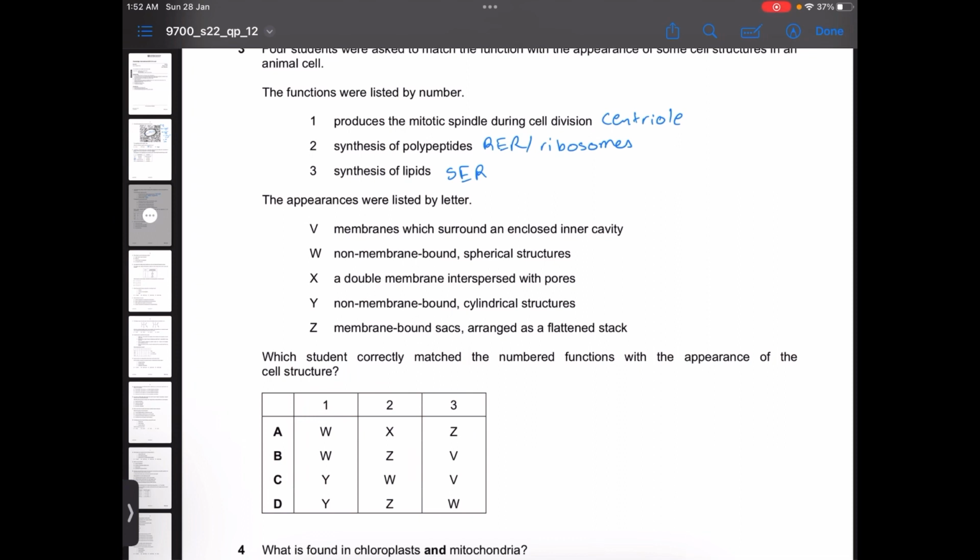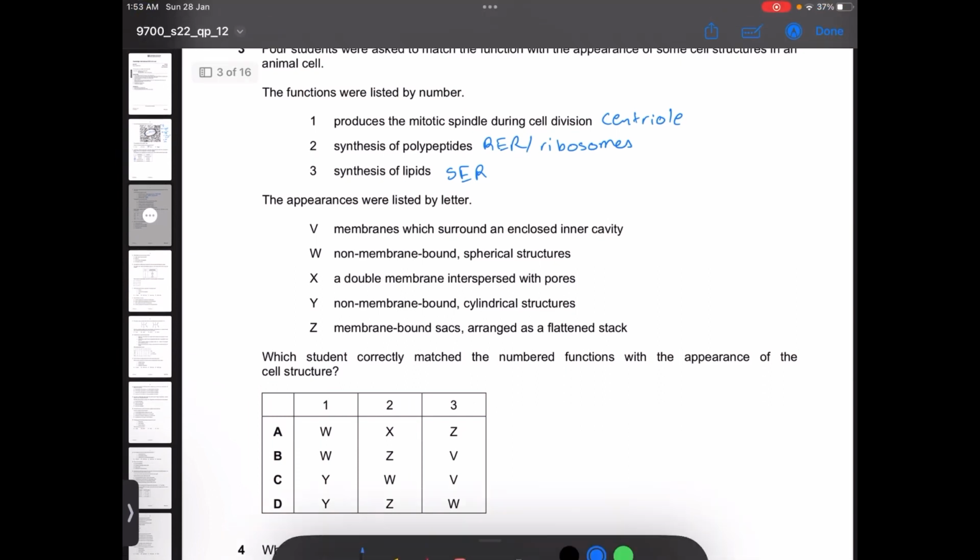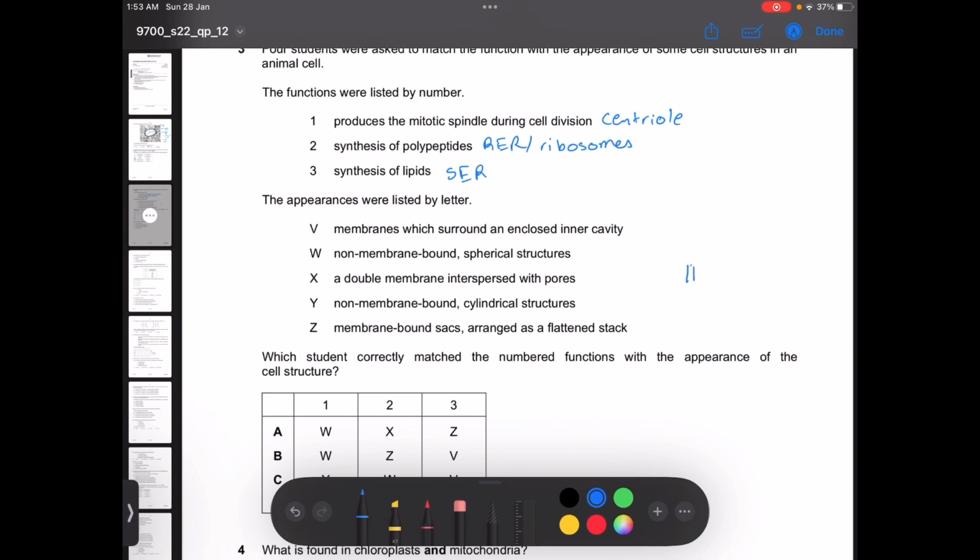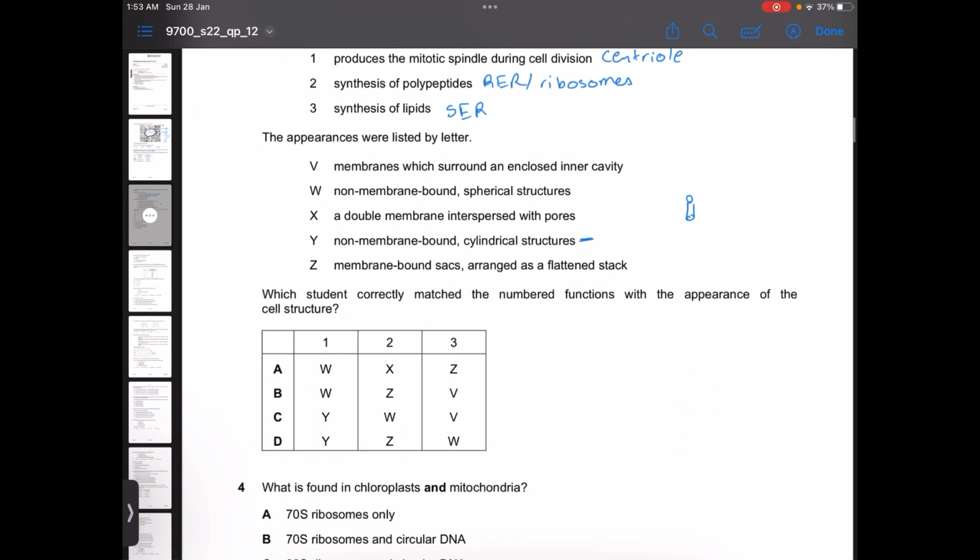So basically, centriole is a non-membrane bound structure, and it is a cylindrical structure, right? Because centrioles are basically like this, so it is a cylindrical structure. So here we have centriole, so it can either be C or D. Let's see whether option C is correct or not.